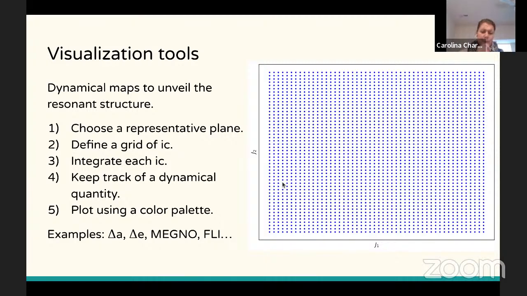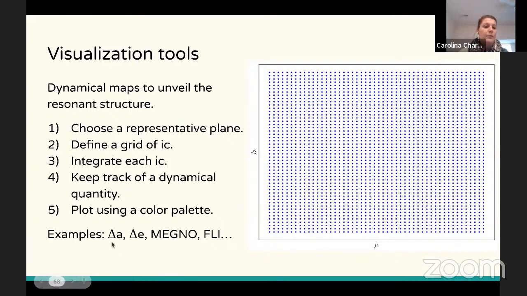And so we vary two parameters, keeping the rest of the angles, for example, fixed. And we keep track of some dynamical quantity that we will use to visualize our results. And then that quantity we will color code to see the outcome of our results.